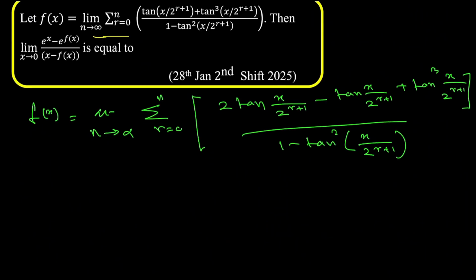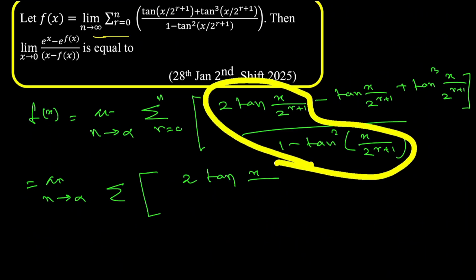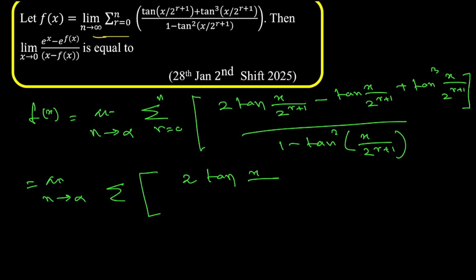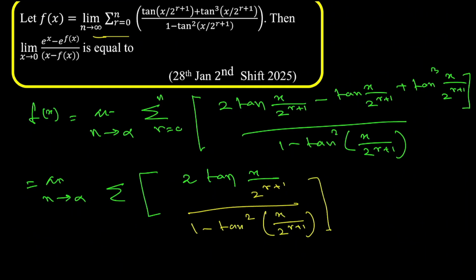So what we'll do here now, limit n tends to infinity, I am writing the summation. I am separating 2 tan theta by 1 minus tan square theta, the tan 2 theta formula, with tan x by 2 to the power r plus 1 total divided by 1 minus tan square x by 2 to the power r plus 1, because this is the formula of tan 2 theta.